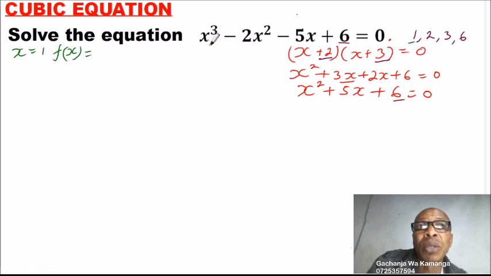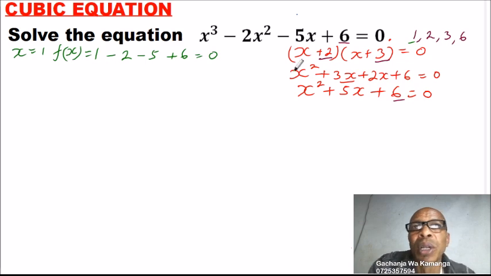We substitute: 1 cubed is the same as 1, minus 2 times 1 squared, that will give 2, minus 5 times 1, that will give 5, plus 6. So 1 minus 2 is minus 1, minus 1 minus 5 is minus 6, plus 6 gives 0. So it means this is one of the numbers that forms the factors of this equation.